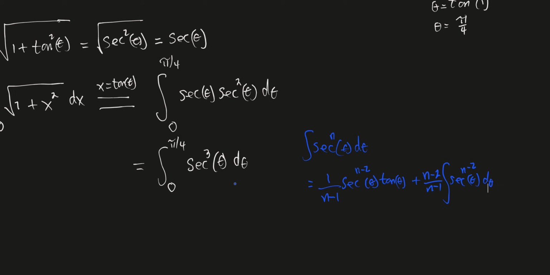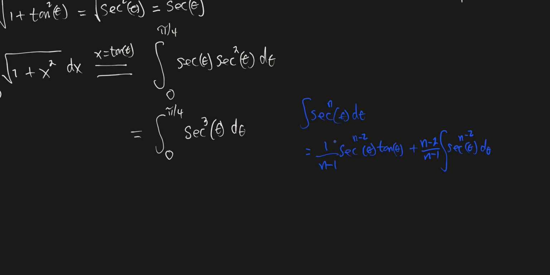So this is what we would have to utilize to evaluate this, all right? Now actually what we can do is let's figure it out with n equals 3 and then see what the antiderivative is and then come back and use our limits, right?